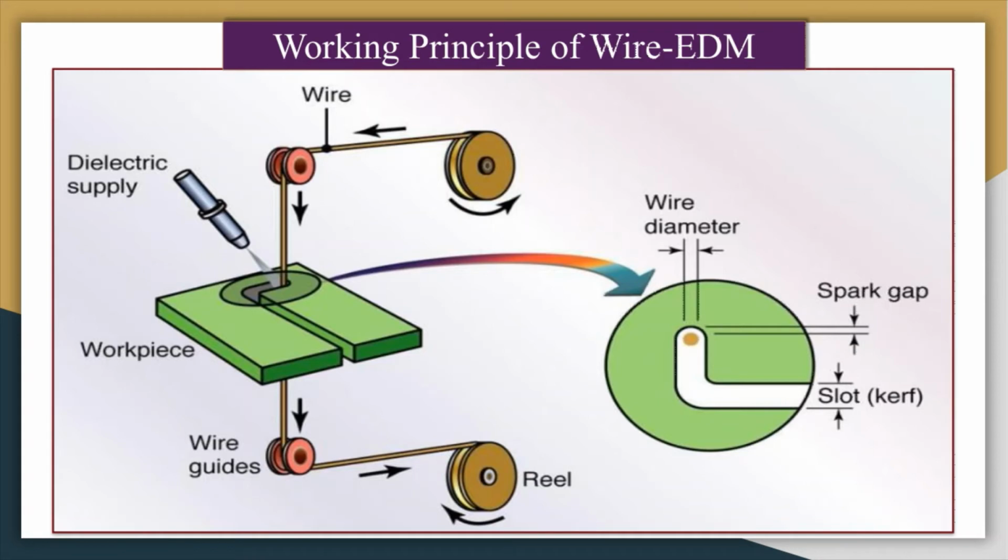We have to take this point into account. The wire diameter is 0.15 millimeter to 0.3 millimeter. Small diameter wires are chosen because you have to make complicated shapes.